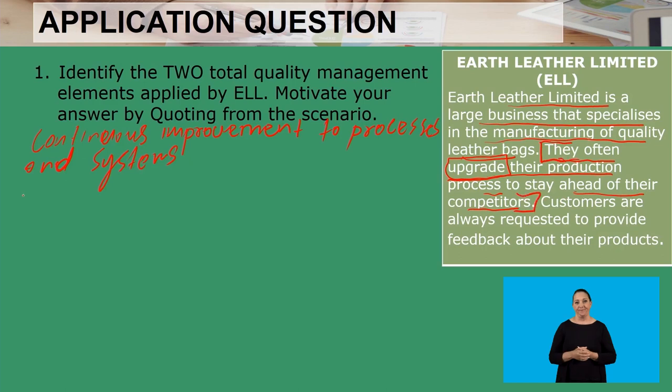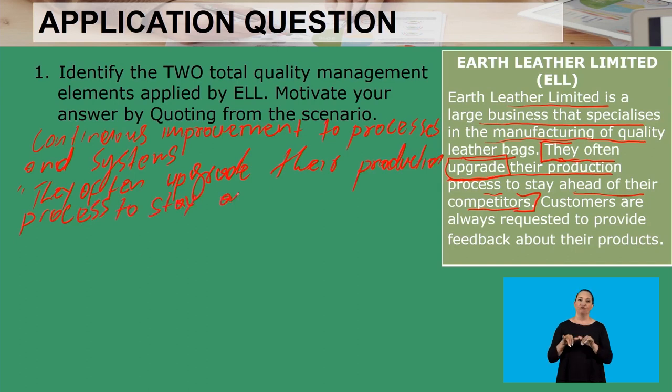So the quotation would be: they often upgrade their production process to stay ahead of their competitors. That is how you quote there so that you get the correct response.